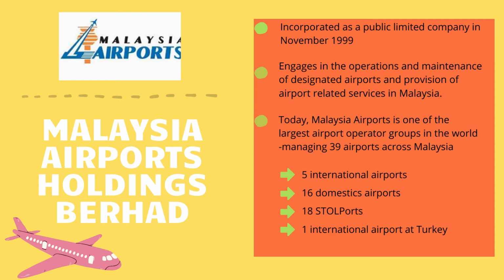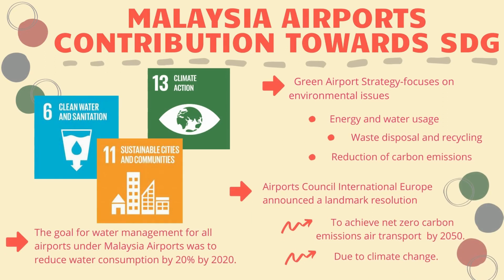Today, Malaysia Airports is one of the largest airport operator groups in the world, managing 39 airports across Malaysia, including 5 international airports, 16 domestic airports, 18 STOL airports, and 1 international airport in Turkey.